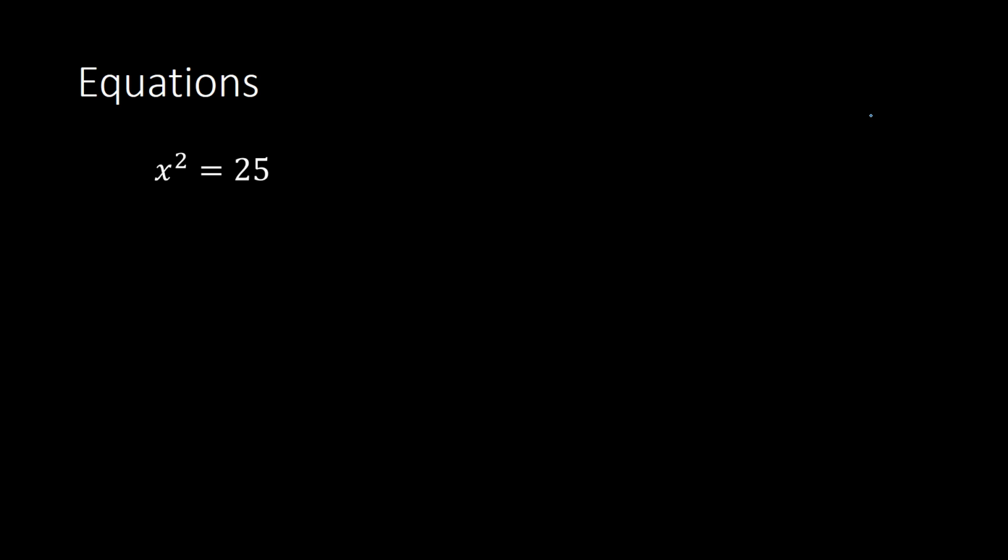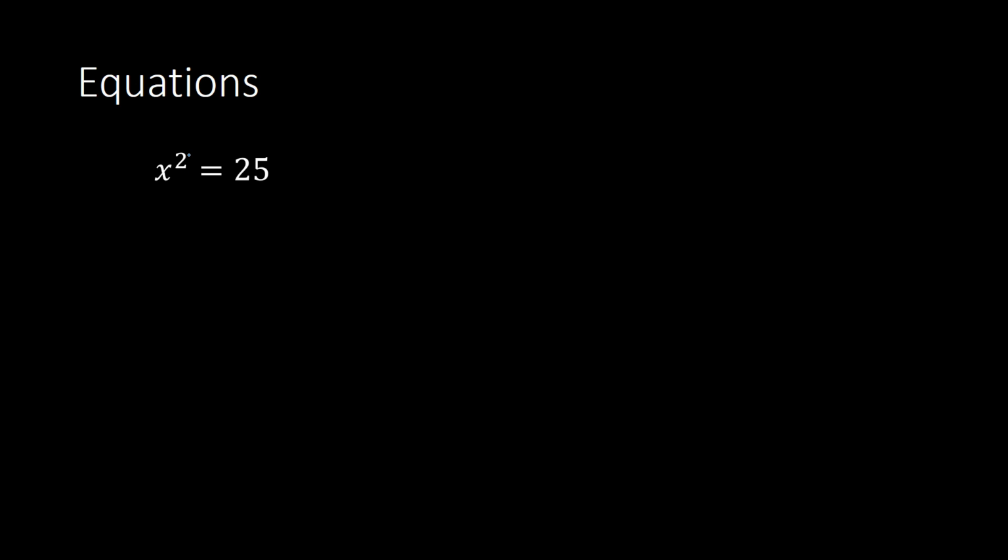Now, as far as equations are concerned, let's say you had x squared equals 25. There's actually two ways to solve this, but I'm going to show you how to use the principle that we learned in this lesson to solve this equation. With any equation, the objective is to solve for x. So what we need to do is get rid of anything that is with the x that should not be there.